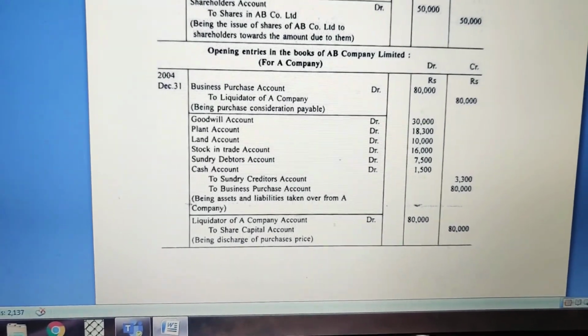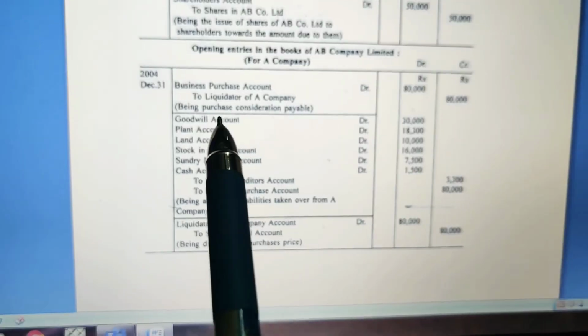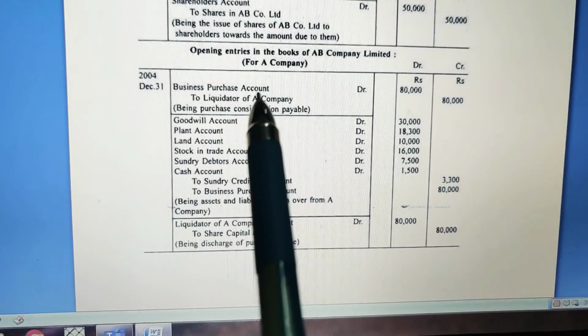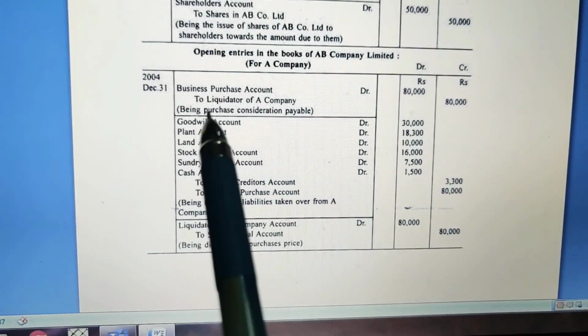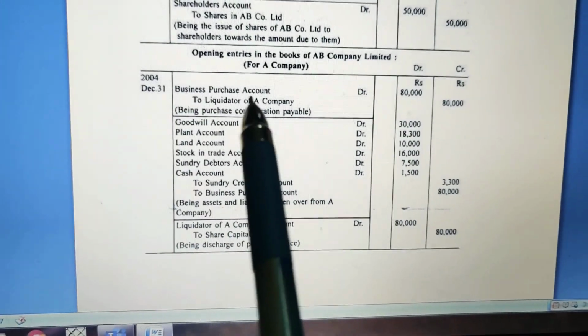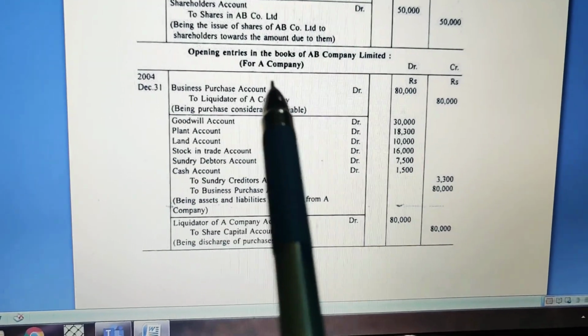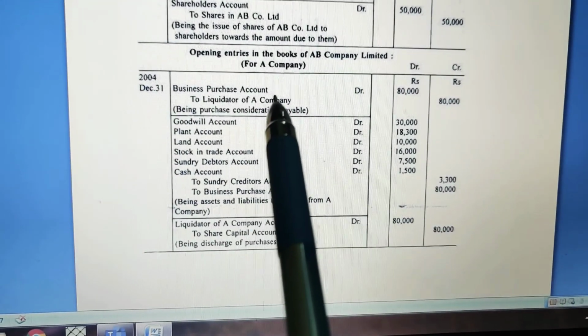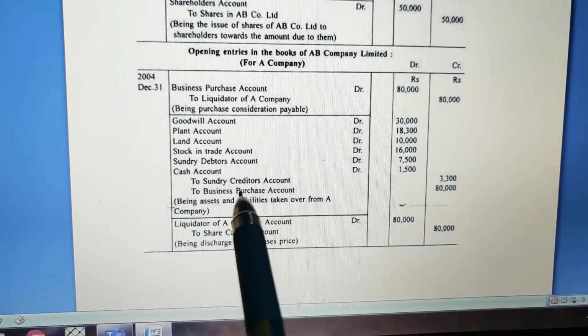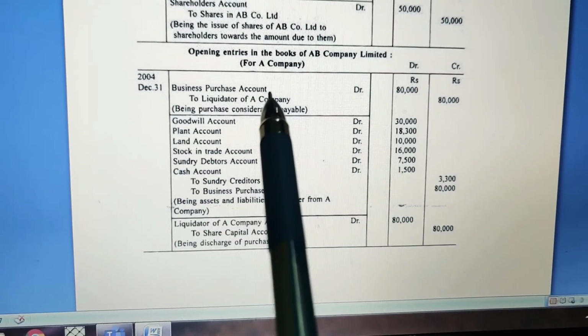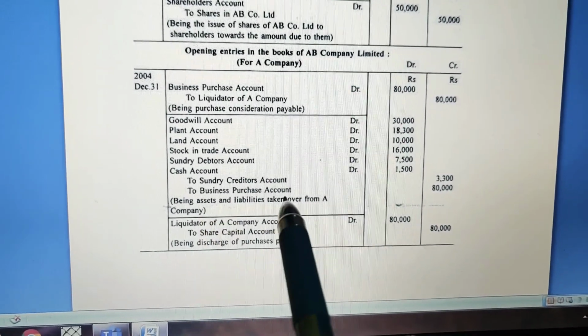Okay, so as you can see, in the business purchase account debit, we have debited our business purchase account to liquidator of A company. So the business purchase account we already write off with this. First we debited it and then we are crediting it.